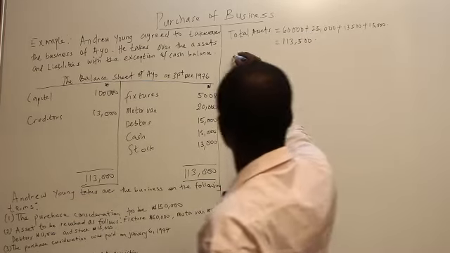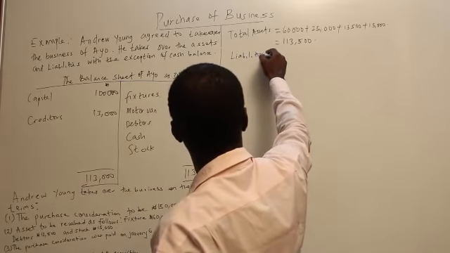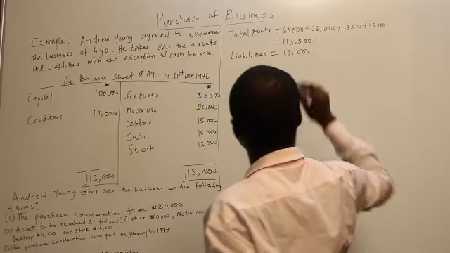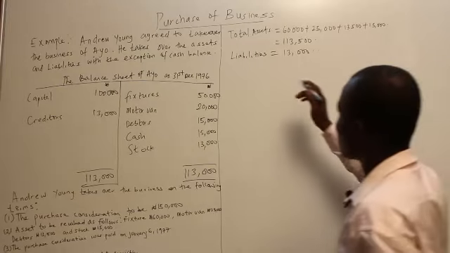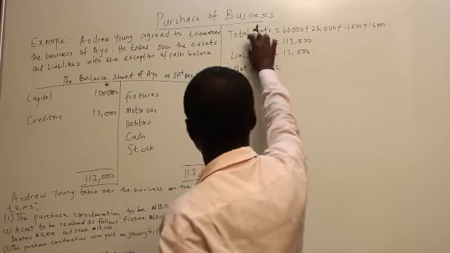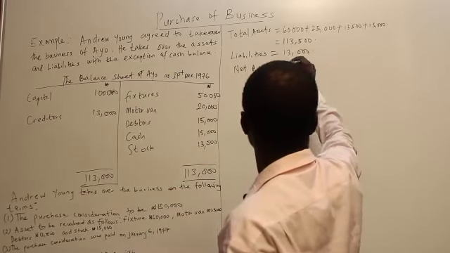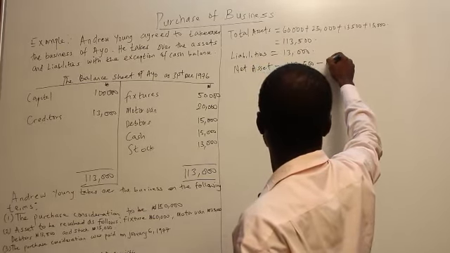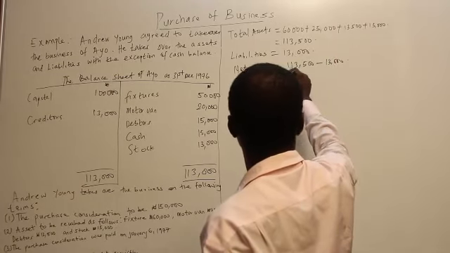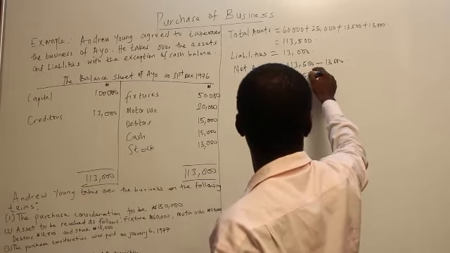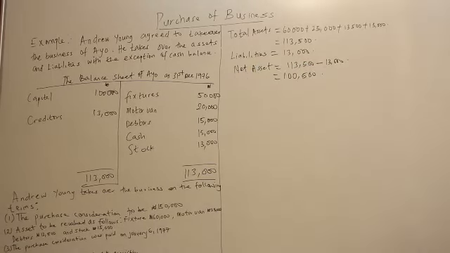Now we have the liabilities. Liability equals creditors, which he is also going to take over, 13,000 naira. Now we can easily calculate our net assets. Net assets equals total assets minus liabilities. Total assets is 113,500, liability is 13,000, so we have 100,500.